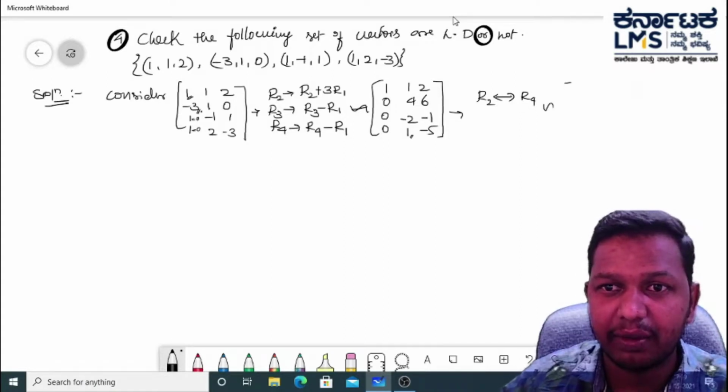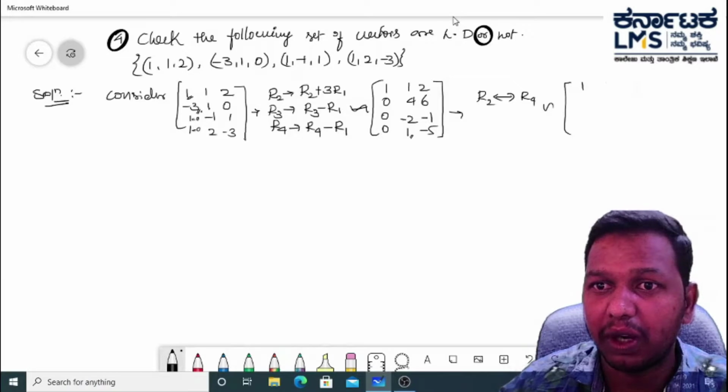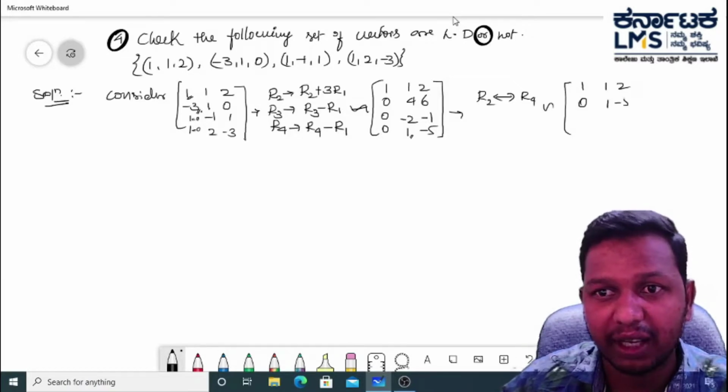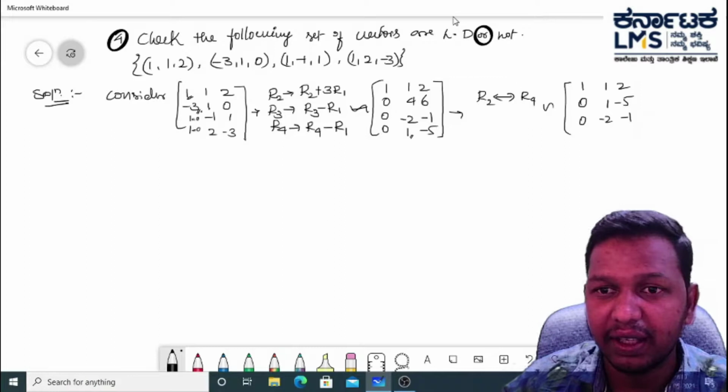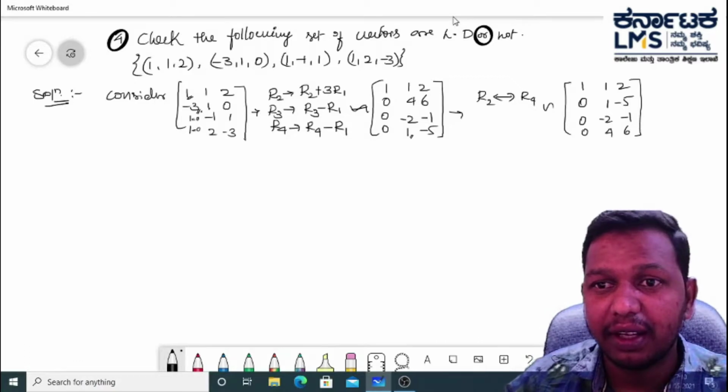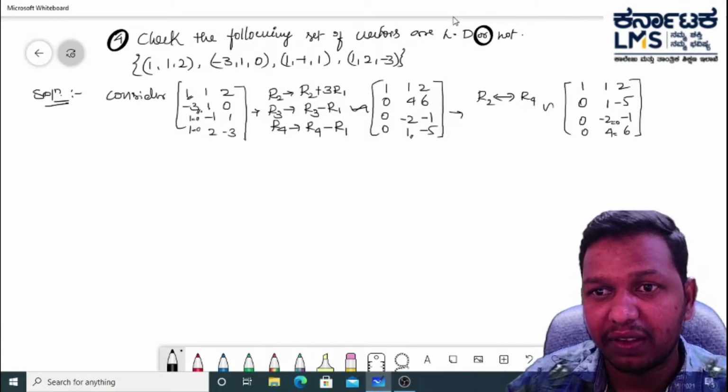I get the equivalent matrix 1 1 2, 0 1 minus 5, 0 minus 2 minus 1, 0 4 6. Next, the entries below the leading 1 should be 0.